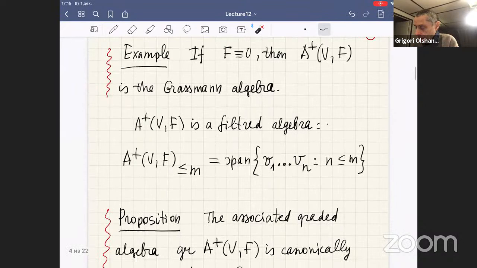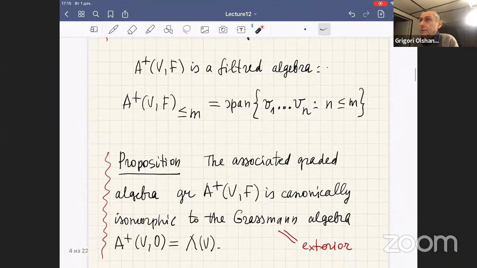And we want to understand the size of this algebra. To do this, as usual, we form the associated graded algebra, which is associated to this filtration. I recall the definition.